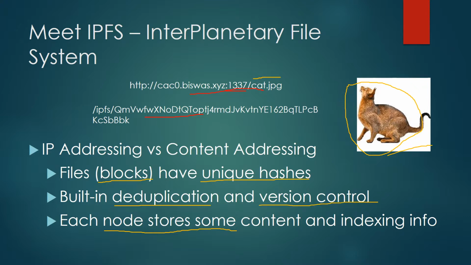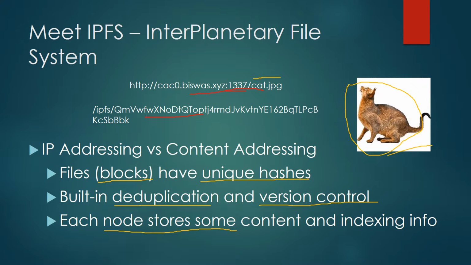I'm not going to get into that right now, but the idea is that it can store different versions of the same file as in a directed acyclic graph on the transaction chain in a block. And just like we discussed before, because it's a blockchain, each node stores some content and index information.